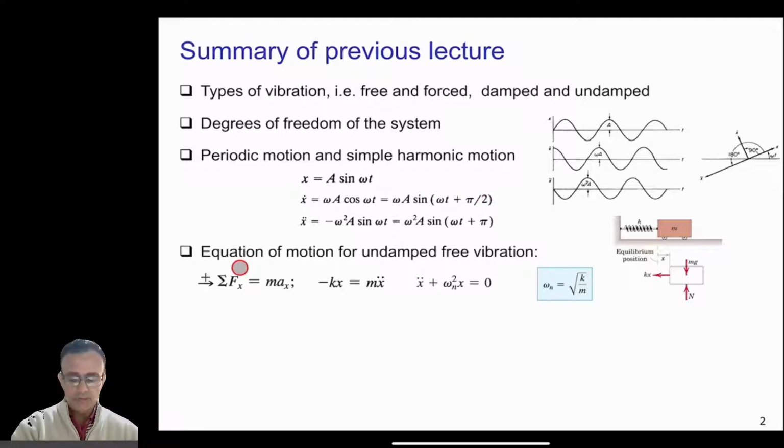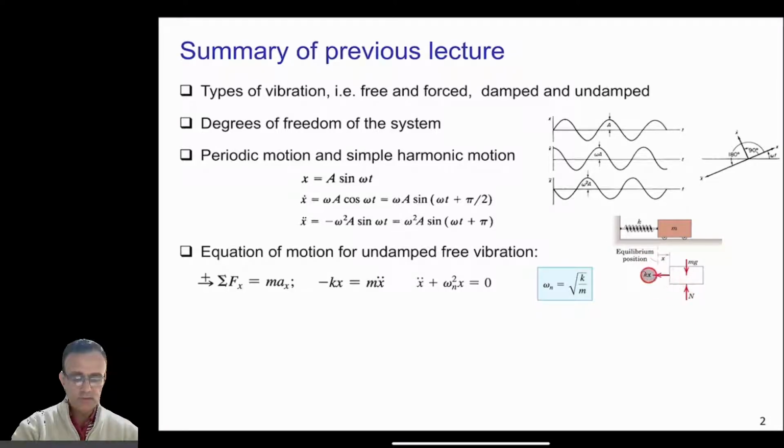Then in the previous lecture, we derived the equation of motion for undamped free vibration, which you can see in this figure. It is just the representation of an undamped system, which consists of a mass and a spring. And this is the free body diagram of this system.